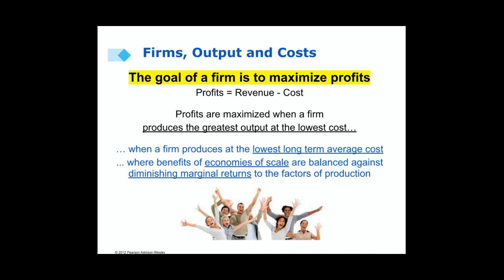And again, we do this when we produce at the lowest long-term average cost, when we're able to balance the benefits that we get from economies of scale against the eventual diminishing marginal returns to factors of production. And this is the goal, and when the firm is able to do this successfully, then they're able to maximize their profits. They're able to properly manage both their output and their costs.